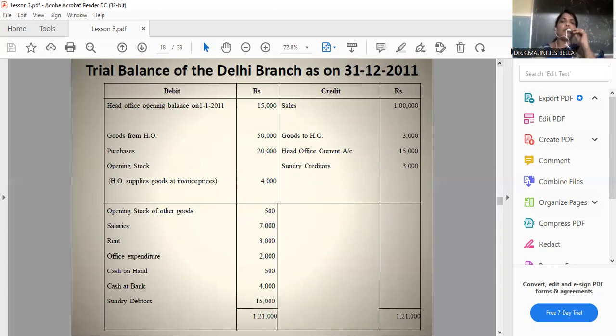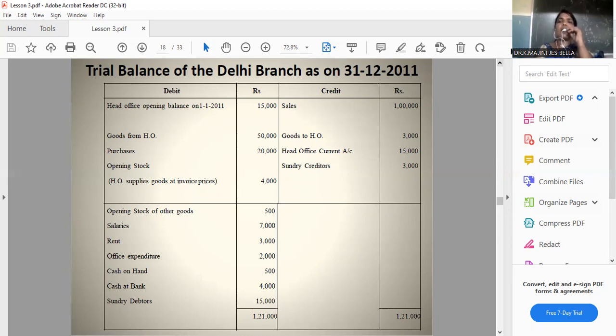On the debit side: head office opening balance on 1/1/2011 15,000, goods from head office 50,000, purchases 20,000, opening stock of head office supplies, goods at invoice prices 4,000, opening stock of other goods 500, salary 7,000, rent 3,000, office expenditure 2,000, cash 500, cash at bank 4,000, sundry debtors 15,000.